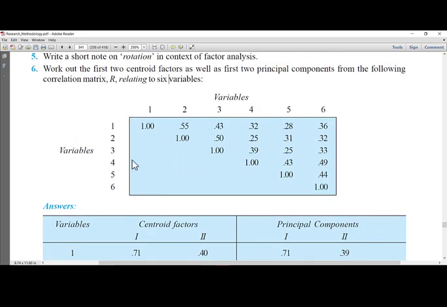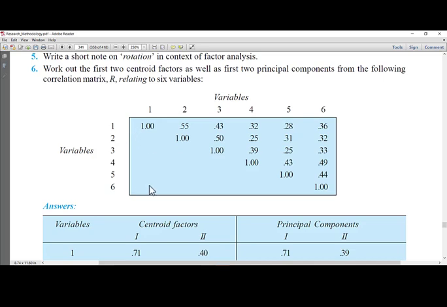Here the correlation matrix is given, and below this diagonal the elements will be symmetrical. Actually, this is a symmetrical matrix. Here, for example, this element corresponding to 2, 1 will be 0.55 because 1, 2 is 0.55, so 2, 1 will also be 0.55. And 1, 3 is 0.43, so 3, 1 will be 0.43.